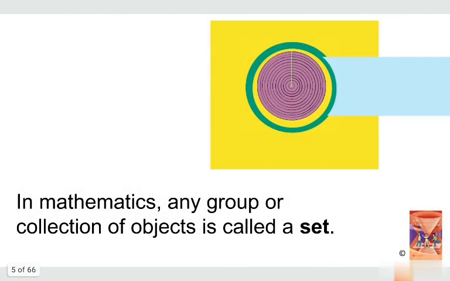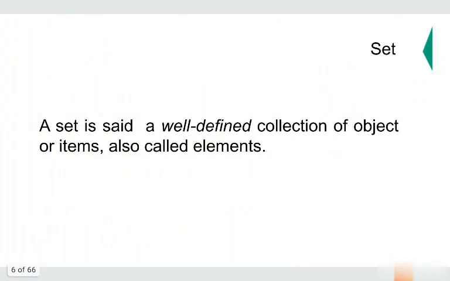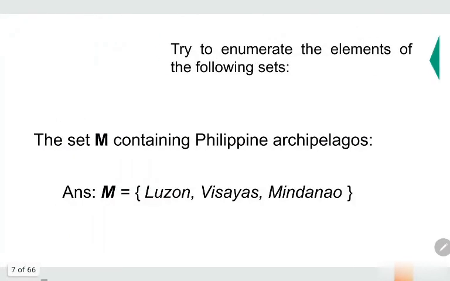In mathematics, set is any group or collection of objects. This is another definition. It is a well-defined collection of objects or items. Those items that I'm referring to, we can call elements. Okay? Well-defined is highlighted. Later on, we will understand bakit importante yung salita na yan.